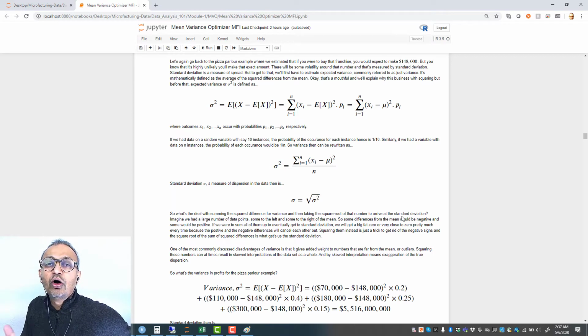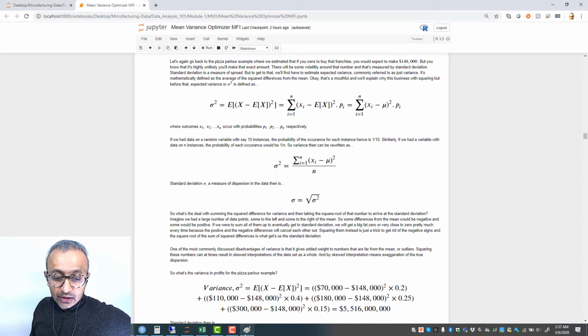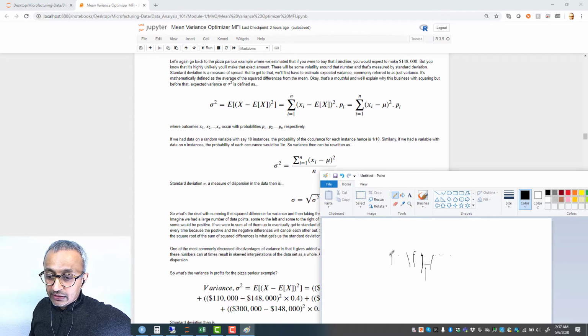So if you were to sum all of them up to eventually get to a standard deviation, and you didn't square them, and squaring is basically a mathematical trick to make everything positive, we would get a big fat 0. Think about it: this minus the mean is going to be a negative number, and this minus the mean is going to be a positive number.